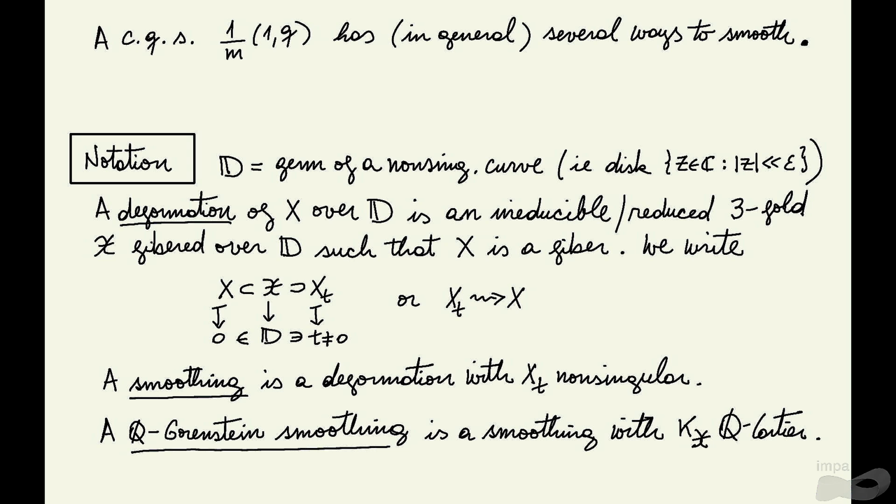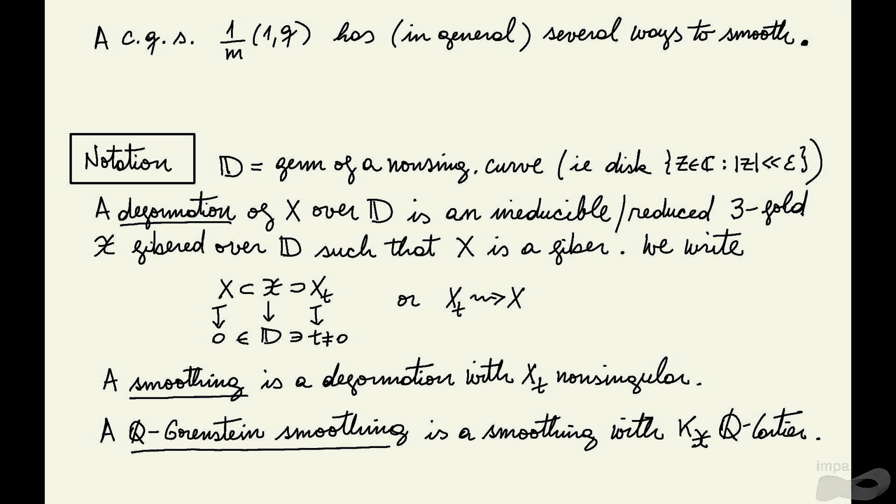So you have the threefold over D, you have a fibration, and X is over a distinguished point that I will denote by 0. You think about D as a disk, but I don't care about the radius of the disk. And then for any other t, you have the Xt. A picture like this indicates a deformation. Or sometimes I will use the notation that Xt degenerates to X.